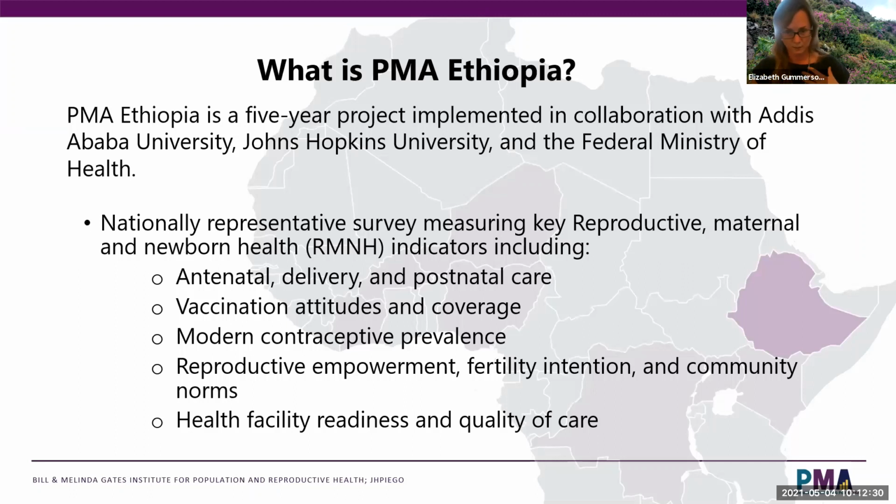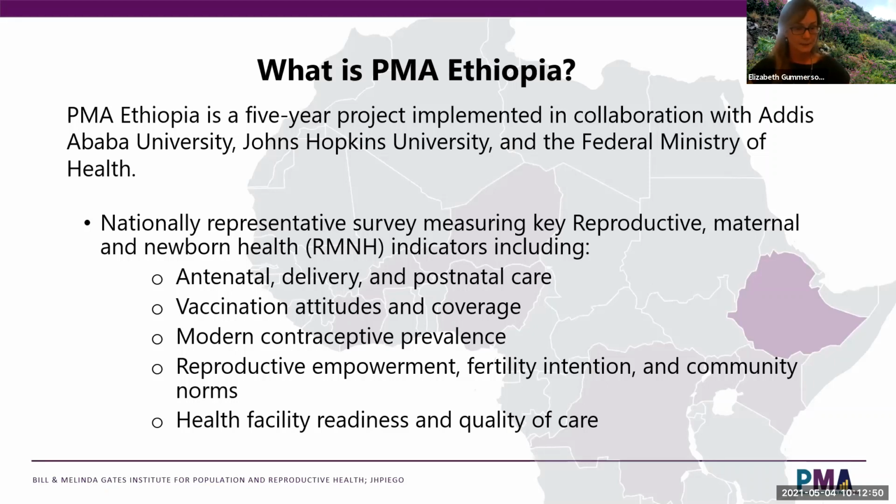That allows the Ethiopia project to ask questions much more focused on antenatal, delivery, vaccination, more nuanced aspects of maternal and newborn health, whereas the other core countries are much more focused on women's contraceptive use and reproductive health.